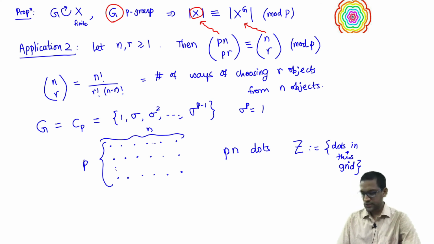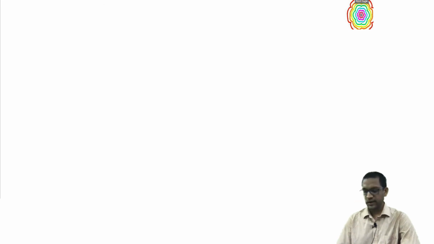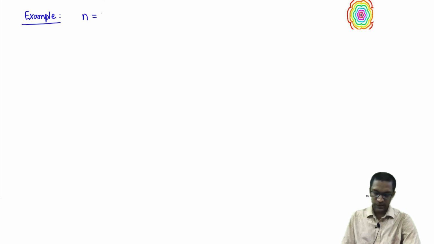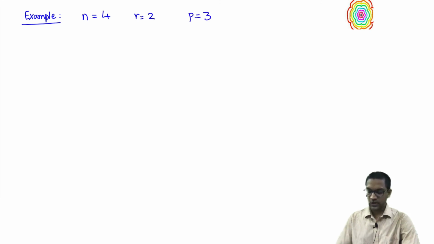So maybe we should just do this by way of example, just to get a better handle on what's going on. So the proof is best illustrated by an example. So let me actually choose concrete numbers here. Let me take n to be 4, let me take r to be 2, and let me take my prime to be 3, so that I can actually draw a nice figure here.